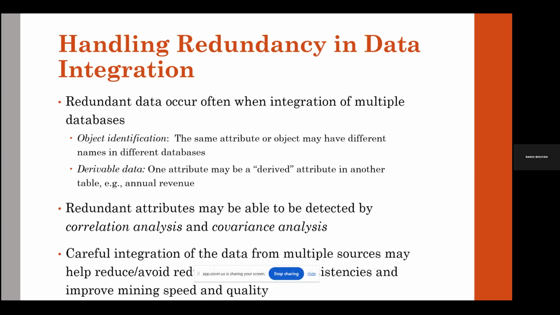To fix this redundancy, we can use correlation analysis and covariance analysis. Redundant attributes may be detected by correlation analysis and covariance analysis. Correlation analysis means checking if two columns give similar results, and covariance analysis means checking how two attributes change together.